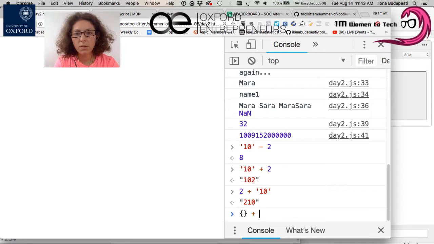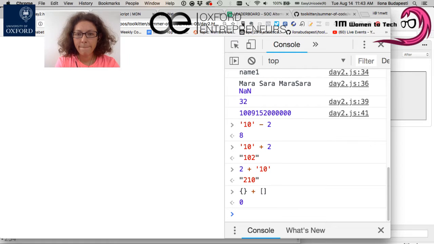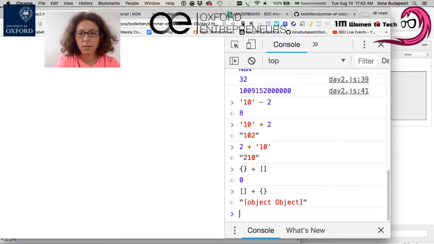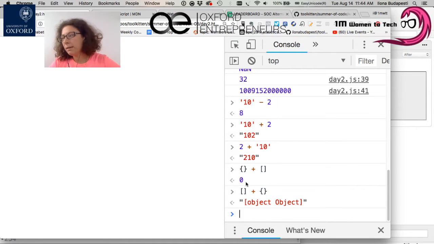This was in the video. Yeah, you see, this is a good example. If I add an object and an array together with the plus sign, I get 0 as the output. If I reverse the order and do an array first and then the object, I get object, object. So that means that the left side and the right side, when converting types implicitly, work differently, Ramila.